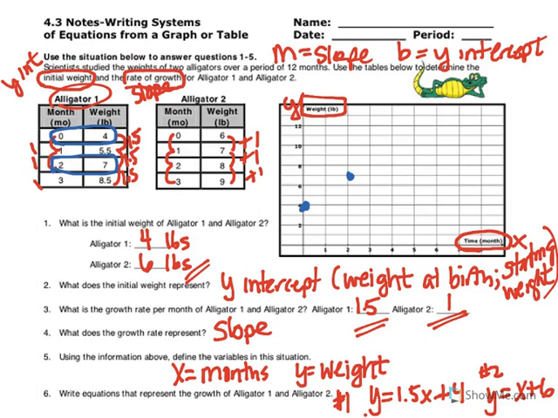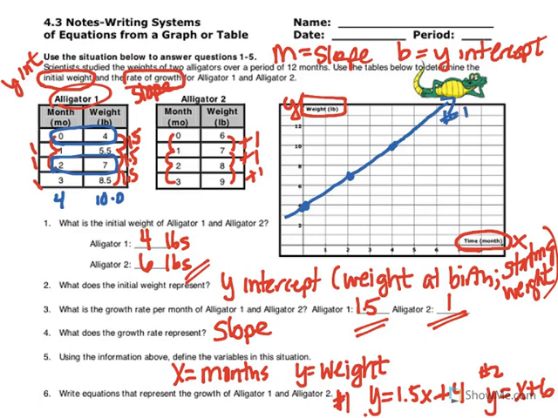And at month 4 it's going to be 10. So let's go up here and do 4, 10. You get some nice perfect points. It's a lot easier to graph. Like that. And that's number 1 alligator.